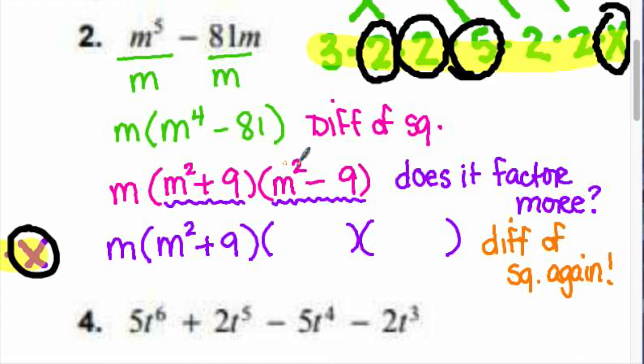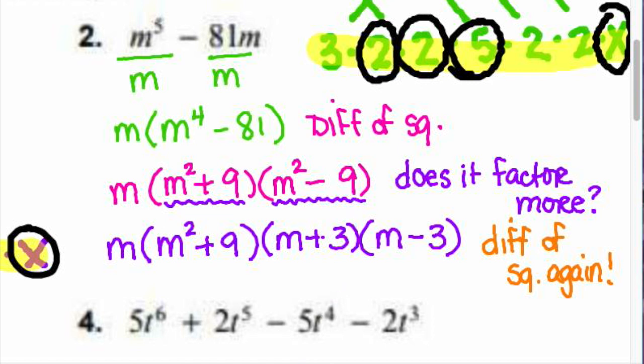Okay, and this time we're taking the square root of m squared, which is m. We're taking the square root of 9, which is 3. We'll put a plus in one, a minus in the other, and now we check to see would either one of these break down further. We've already checked these two, and they do not. m plus 3.